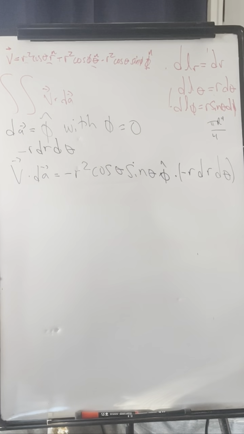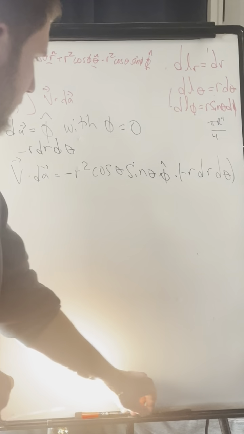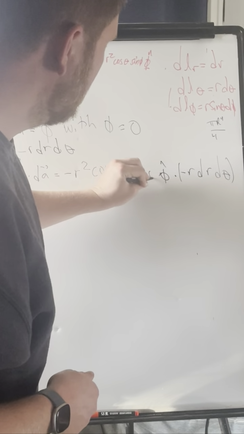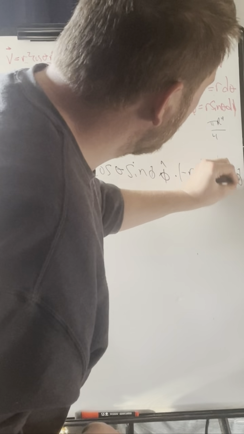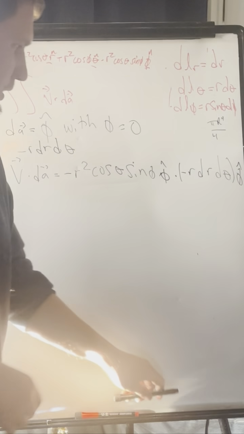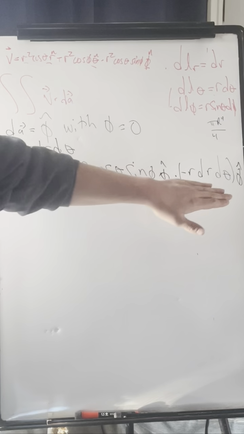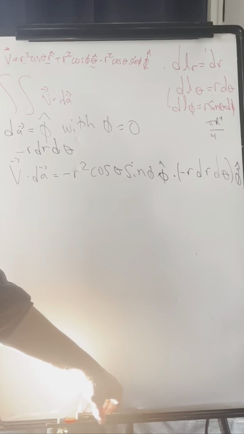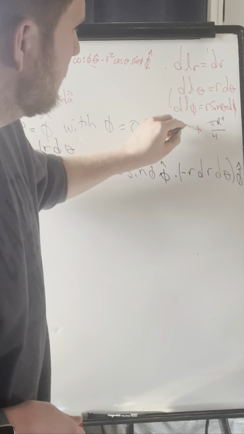So v dot dA is minus r squared cosine theta sine theta sine phi phi hat, dotted with minus r dr d theta phi hat. The phi hat is just to show that they're in the same direction. But since phi is equal to 0 in this case, the second one is just going to be 0.